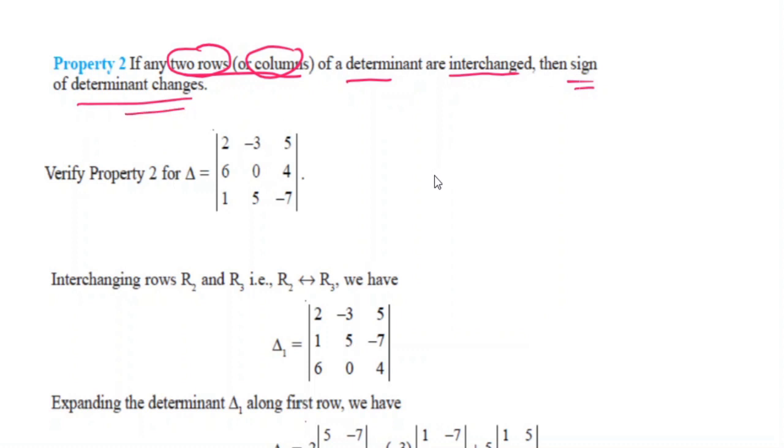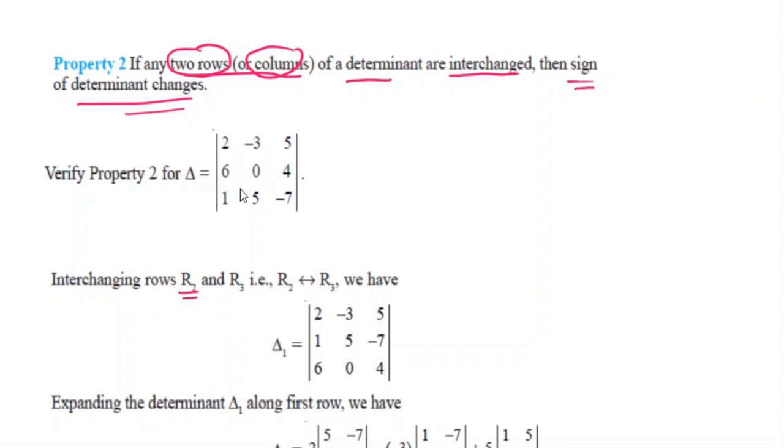Now let us test this property. Let me take this example: determinant 2, minus 3, 5, 6, 0, 4, 1, 5, minus 7, a 3 by 3 order determinant. Now let us change row 2.